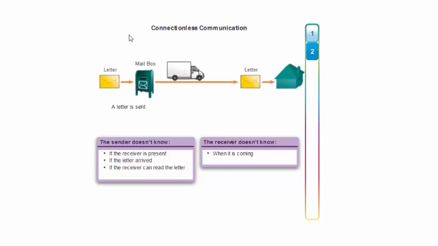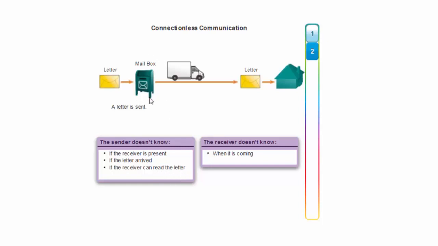First, the IP protocol is connectionless, which means that it works similarly to a mail letter which we send through the normal mail service, with no guarantees that there is a receiver on the other side, or if the letter has arrived, or if the receiver can actually read the letter.